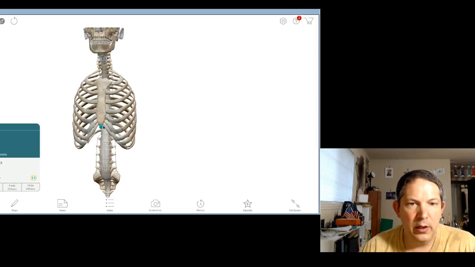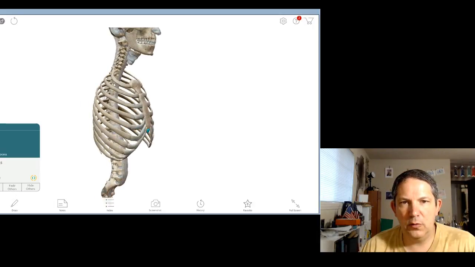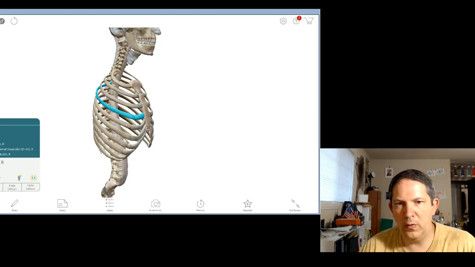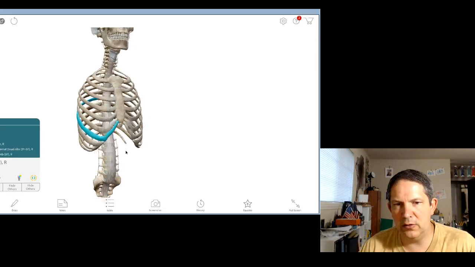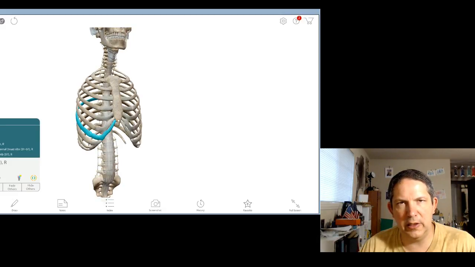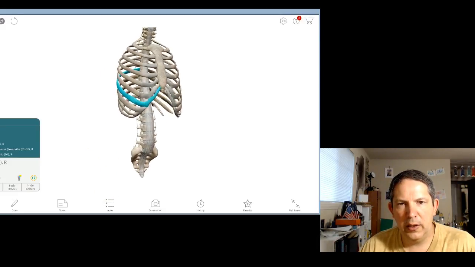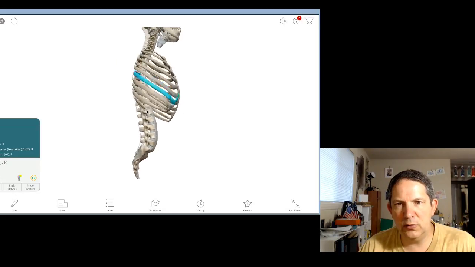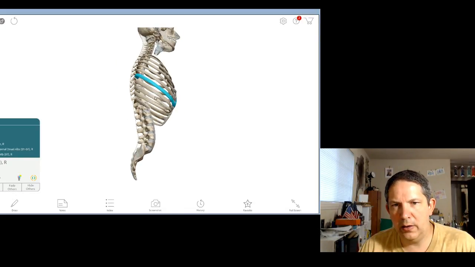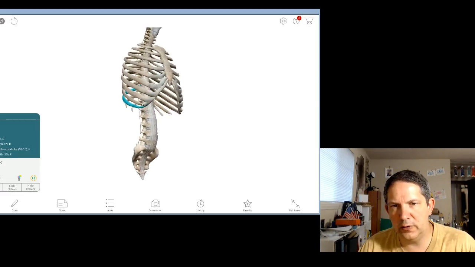With the ribs, there's 1, 2, 3, 4, 5, 6, 7 that are considered true ribs because their cartilage attaches directly to the sternum. So 7 true ribs, then 8, 9, and 10 are called false ribs because their cartilage all joins up with the 7th rib there.